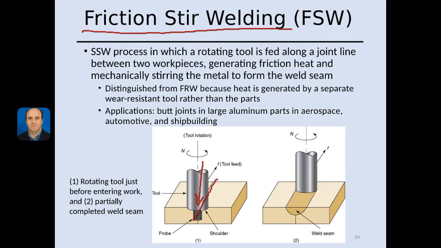This line is the joint line between two pieces, and the rotating tool generates heat due to friction. The material is stirred because of the rotation, so it will stir the metal to form a weld seam like this, as you see here.